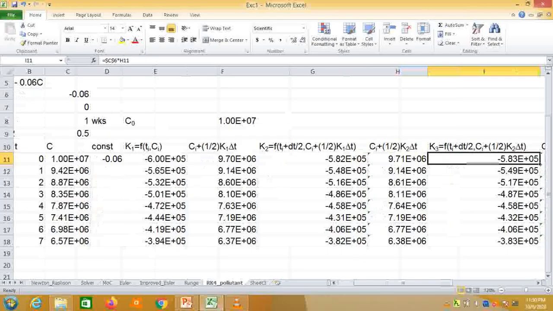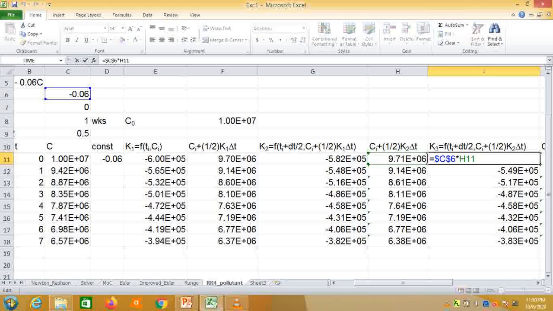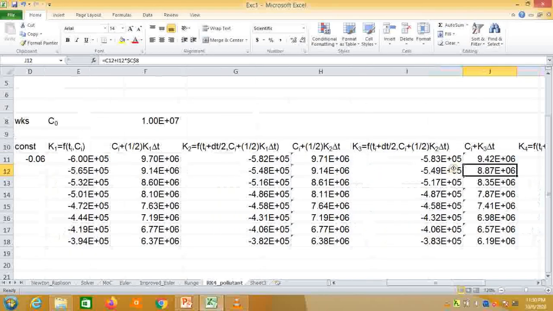So essentially this concentration times that constant. Then we are going to find the slope at T plus delta T instead.